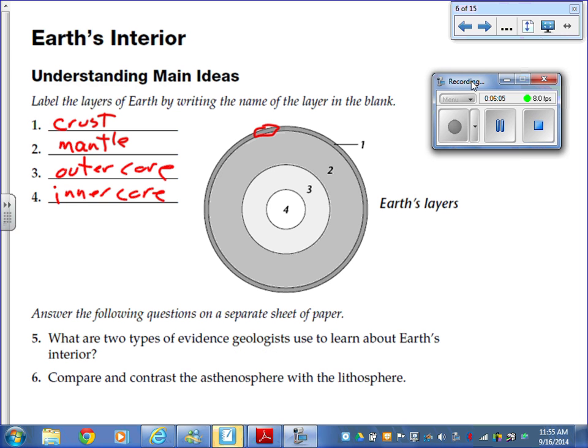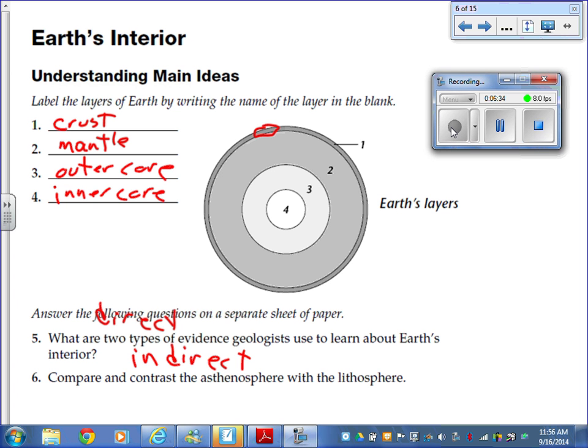Okay, and then the 2 types of evidence, and we just really went over this, 2 types of evidence would be direct, when you're actually drilling, and indirect. Scientists have to use indirect evidence sometimes because we can't always study things directly. For instance, we can't see into the Earth.